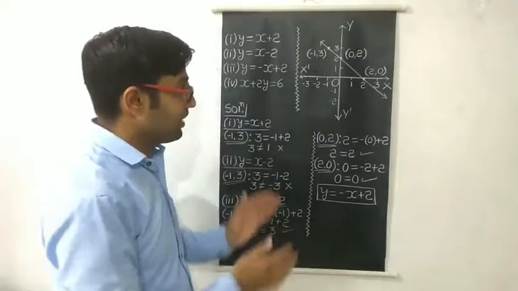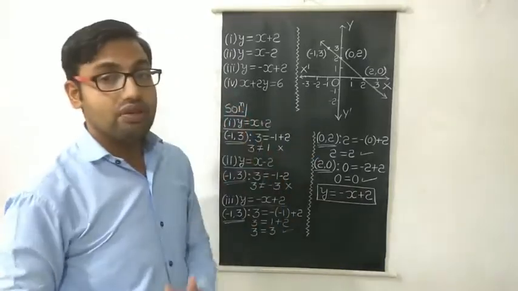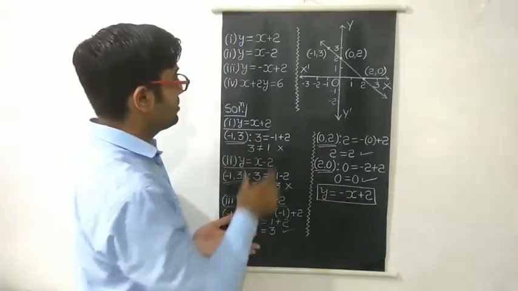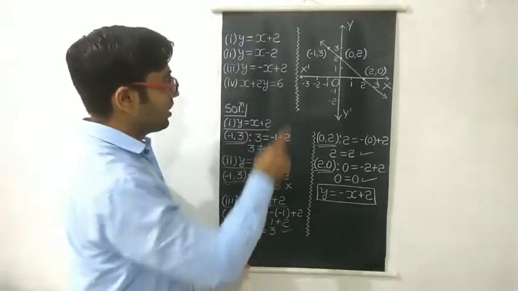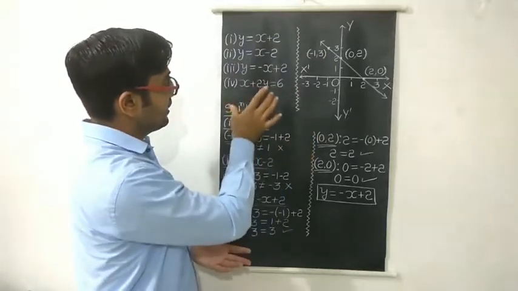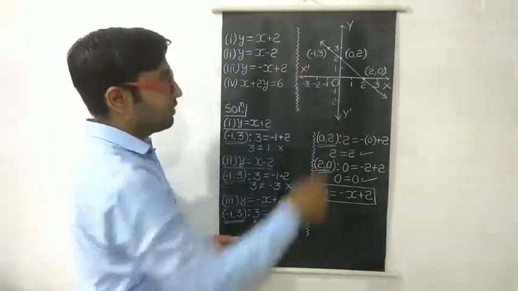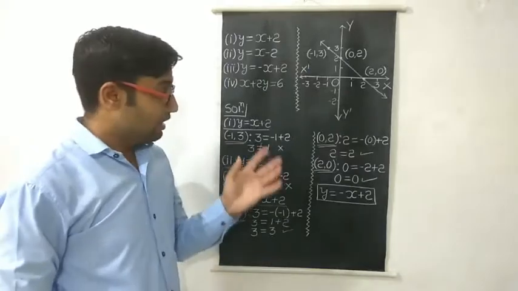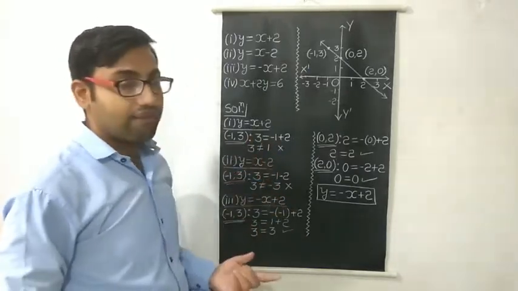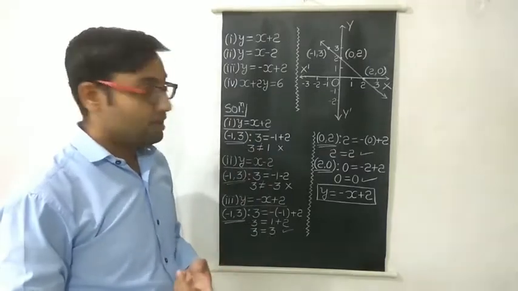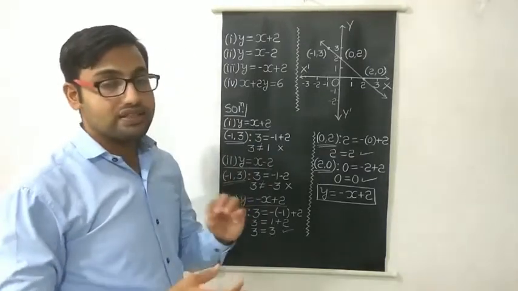So now whenever we are given this type of graph, we can check out of the 4 options which linear equation the graph is of, right? One thing you have to keep in mind, whenever you check, do not confuse while putting the values of x and y.